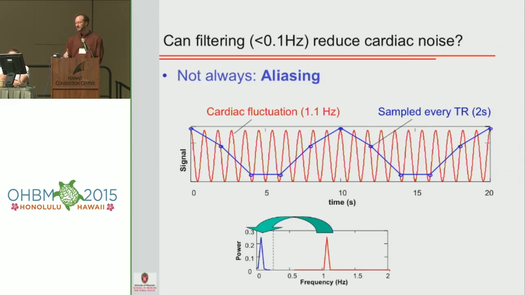It's not a very good method. This brings back the point that was raised earlier. If we were able to collect fast enough, maybe with some of these multi-band acquisitions, then we can use these kinds of approaches. That's one of the advantages of acquiring data much more rapidly, for example 300 milliseconds for an entire volume, that we can start doing simple filtering to try to get rid of physiological noise.